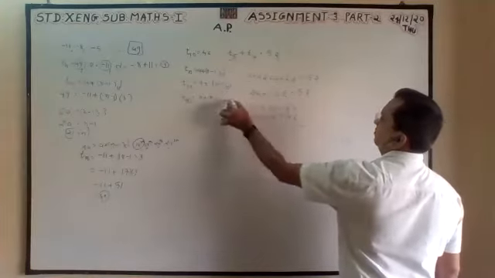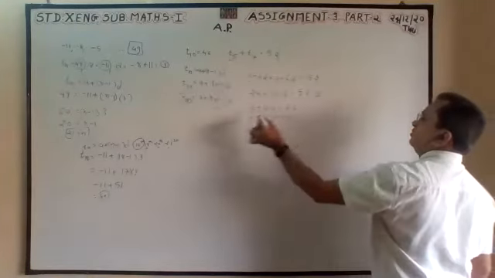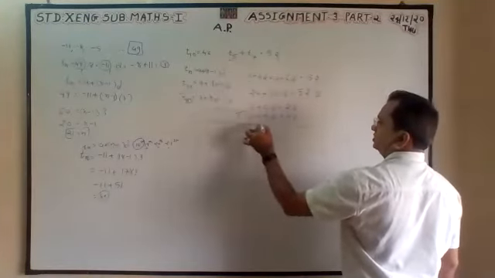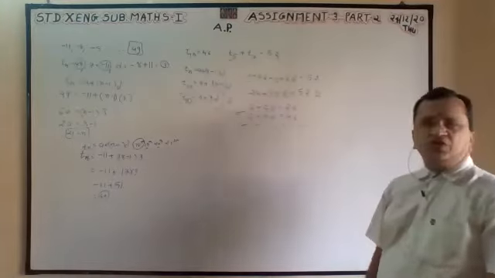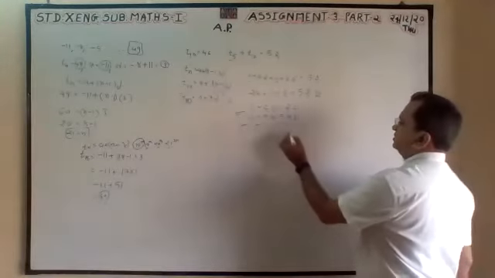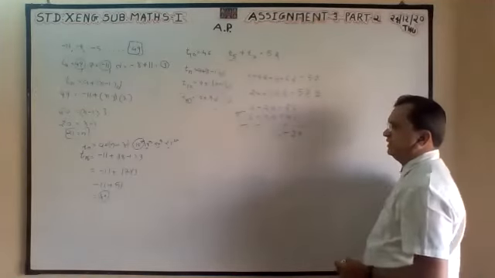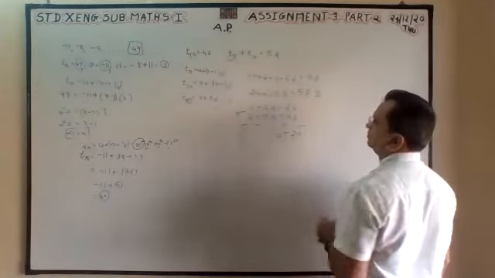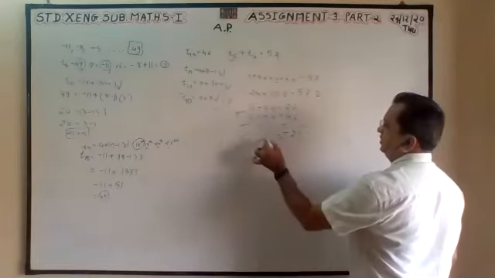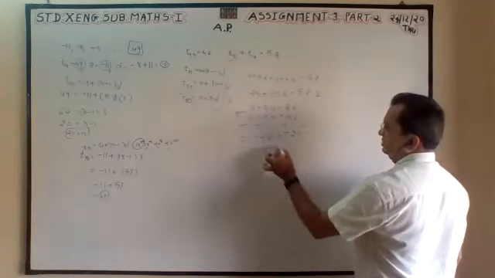Equation number 1, equation number 2, you have to subtract, so change the sign. 46 minus 26 is 20. A minus A is 0, and this is minus 4D. So D is equal to 5.